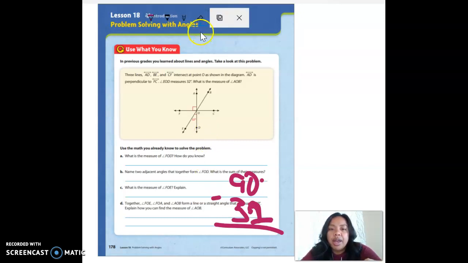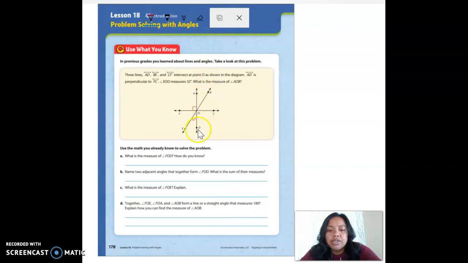So we know that when you subtract 90 and 32, the measure of FOE here is going to be 58 degrees. There you go, 58 degrees. I got to work on that. And here's an 8. Yeah, we got to work on that a little bit.